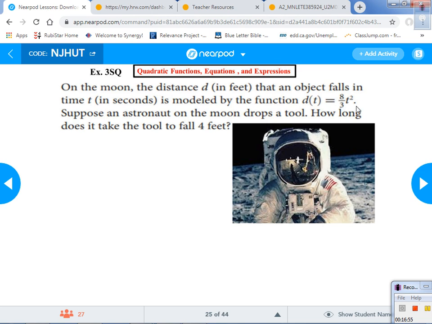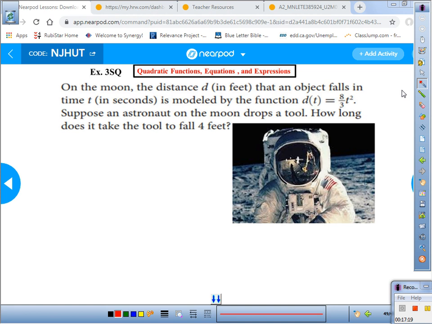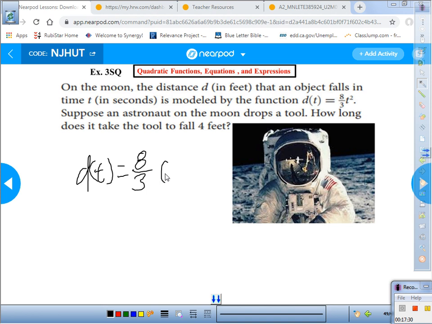What do you guys notice on this one? That they actually give you the formula. So whenever you get to these problems, instead of using the formula that you know, either the distance or the height one, you use whatever they give you. So whatever they give me is d(t) equals 8/3 t squared.